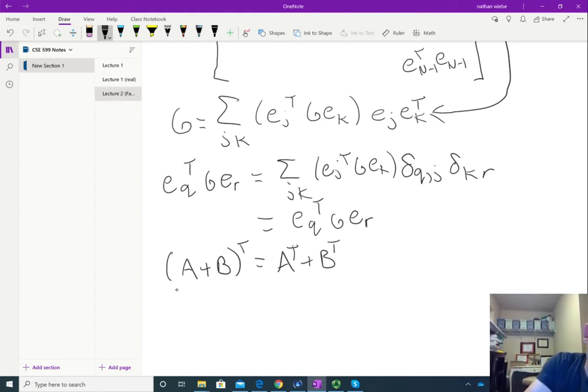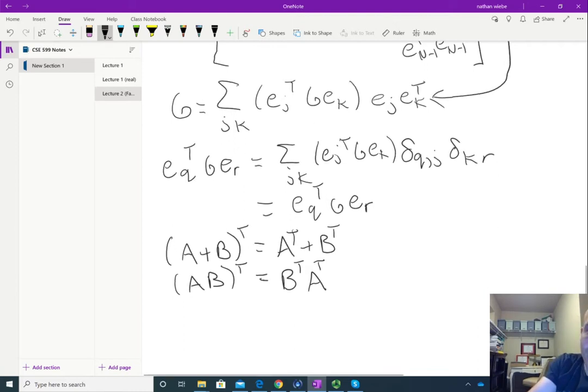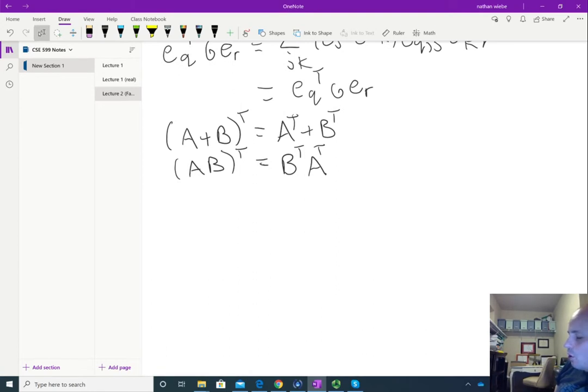Another important property, and this one is going to get generalized a little bit later on in the lecture: if we want to transpose the product of two matrices, that's actually the product of the transposes, but in the reverse order. Those are some properties that are really important for you to know for much of the linear algebra that'll show up here.